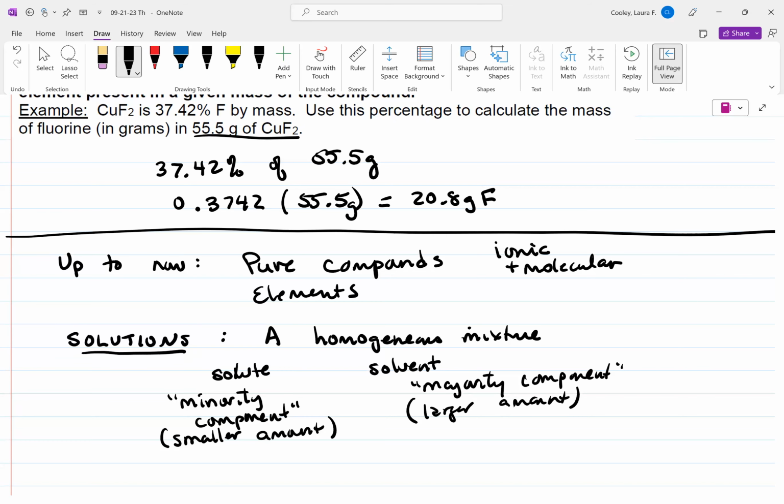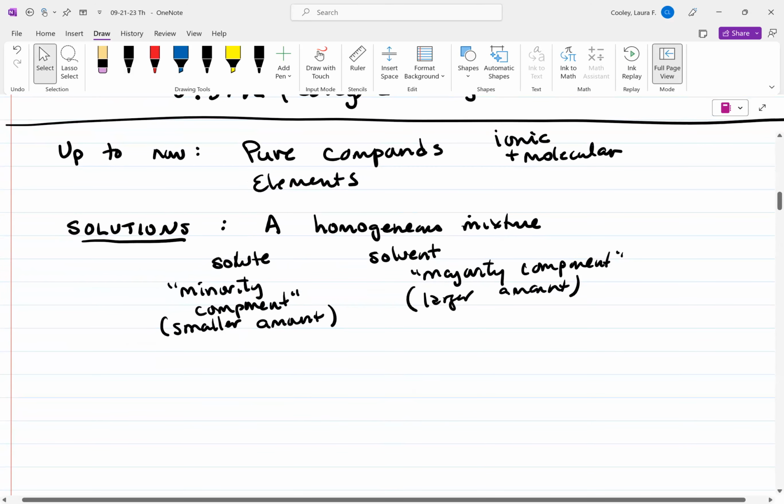Okay, and a homogeneous mixture of the solute and the solvent simply means that every single part of that solution has the same amount of solute and solvent. It's completely uniform when you have a solution.